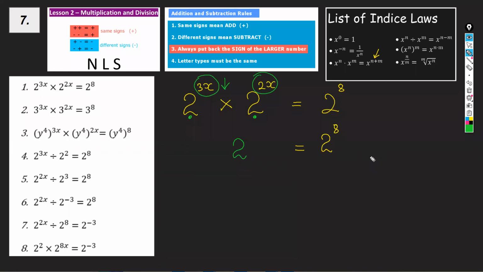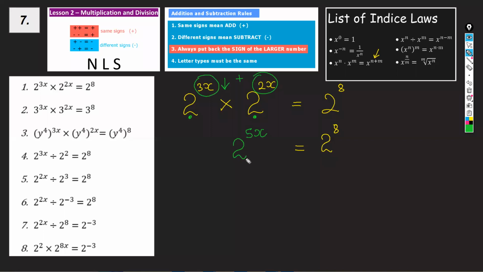How much is 3x plus 2x? If you have 3 apples and you add 2 apples, how many apples do you have? You have 5 apples, right? But instead of the word apples, we're going to use x. 3x plus 2x is 5x. So you see what we did? We squished these 2 together to get 1 value. So now you have 1 man on this side and 1 man on this side. The 2 and the 2 in the same position.